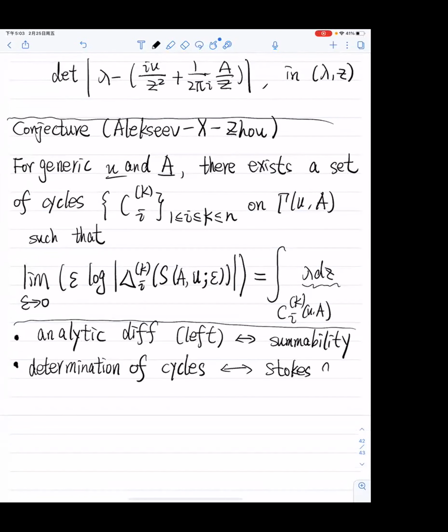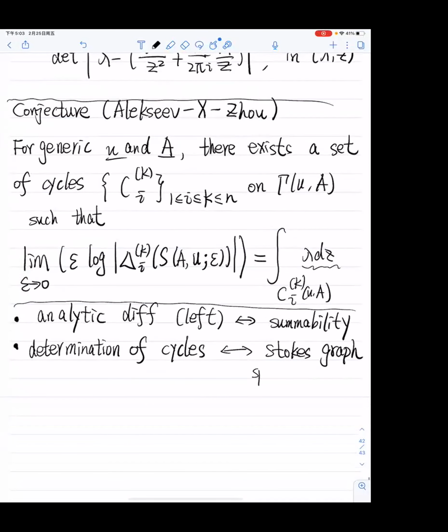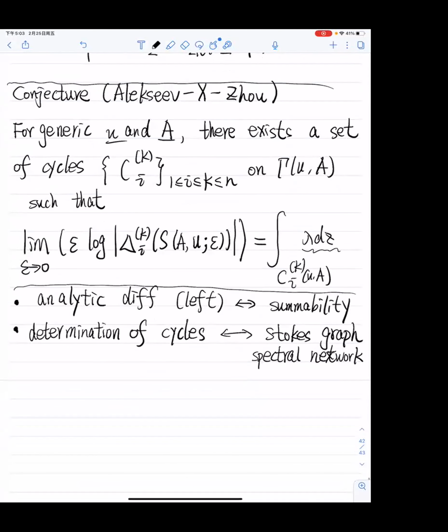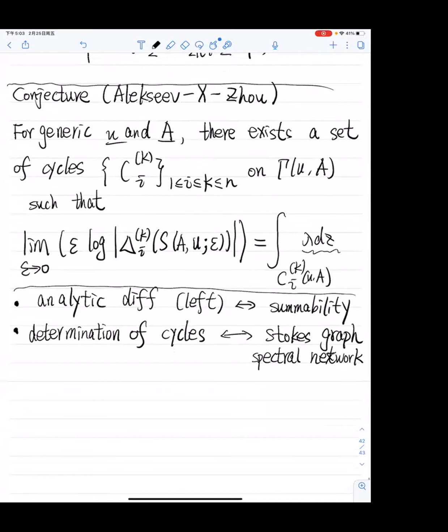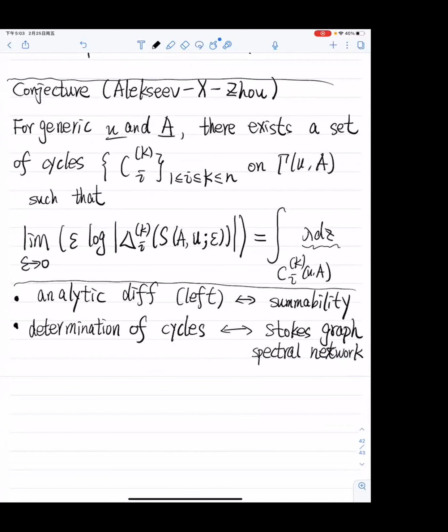So this is more related to the Stokes graph, or it's also called a spectral network in the physics context by Gaiotto, Moore, and Neitzke. Right. So the main difficulty in understanding this problem, as far as I can say, comes from two major difficulties.